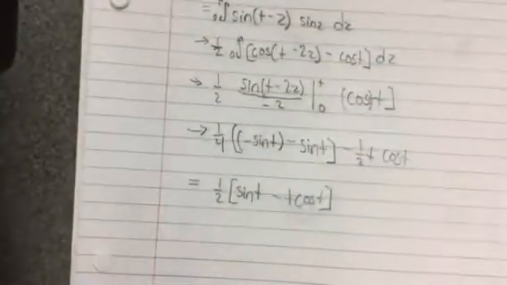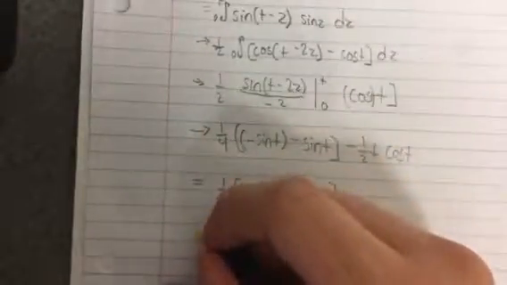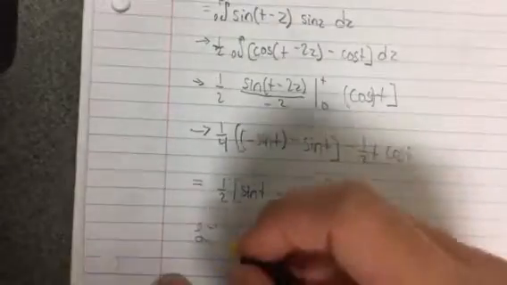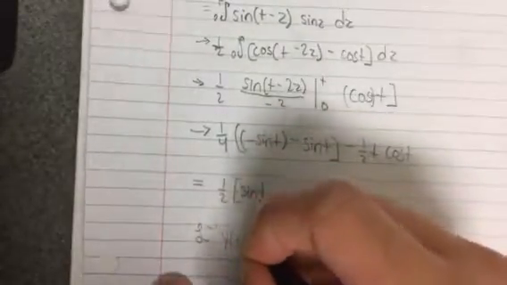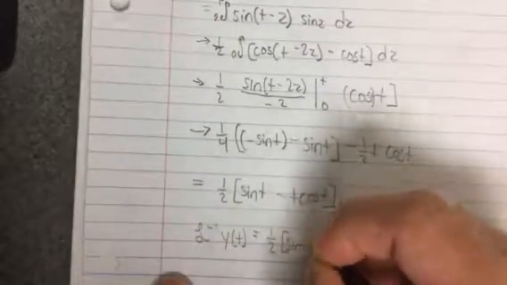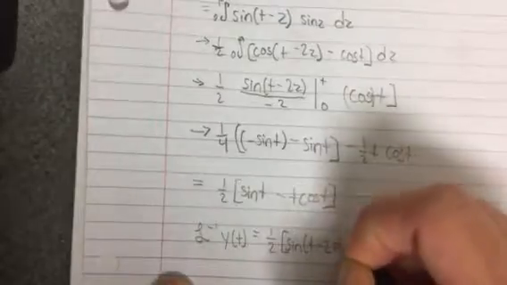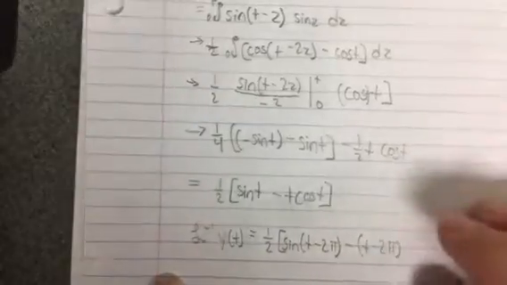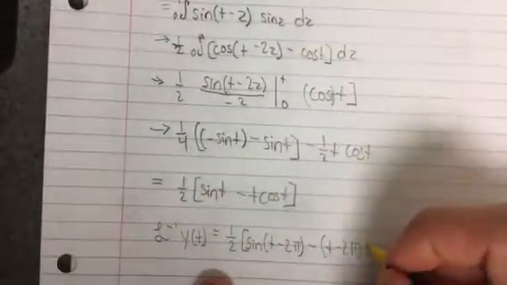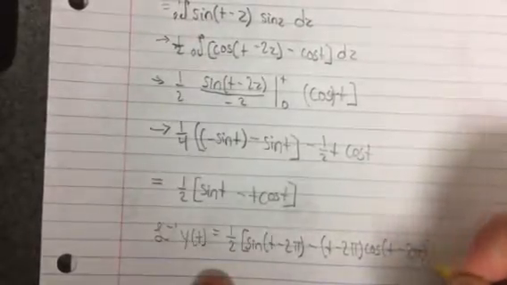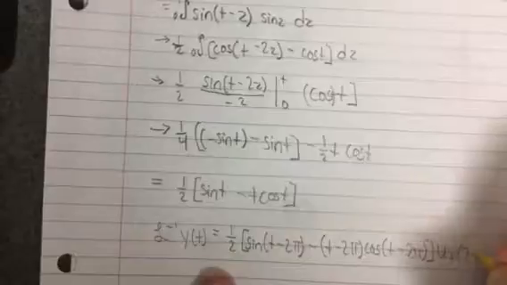And go ahead and apply another inverse Laplace to finish up the problem. If you look at your table, you can see that the inverse Laplace, y of t, equals 1/2 sine of t minus 2 pi minus t minus 2 pi again, multiplied by cosine of t minus 2 pi, and then we have our u of t minus 2 pi.